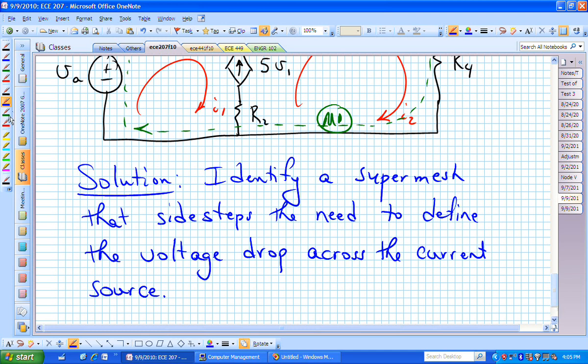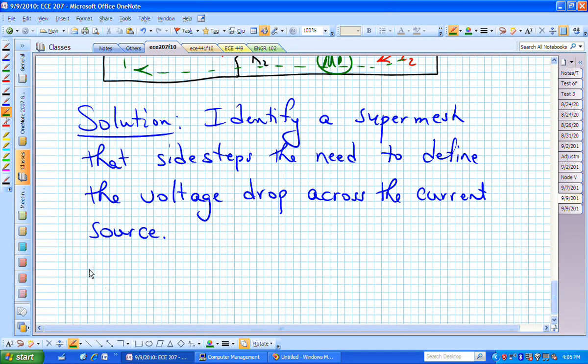What I have indicated then is that I'm going to write my KVL equation around that supermesh, which I'm defining as M sub 1.